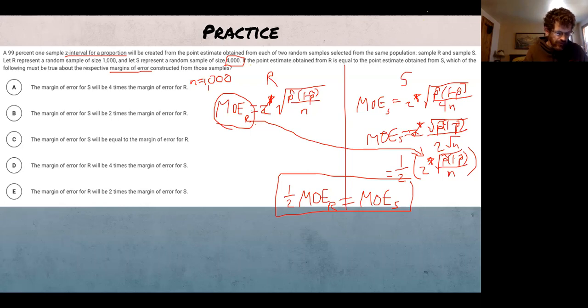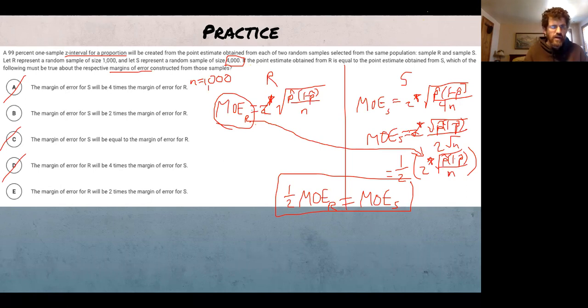So now I need to find what answers here. Well, I know it's going to be a factor of 2, so it's not going to be this. It's not going to be this. It's not going to be equal. So either margin of error S will be 2 times the margin of error of R, or the margin of error of R will be 2 times the margin of error for S. And this is where you have to kind of reason through it.